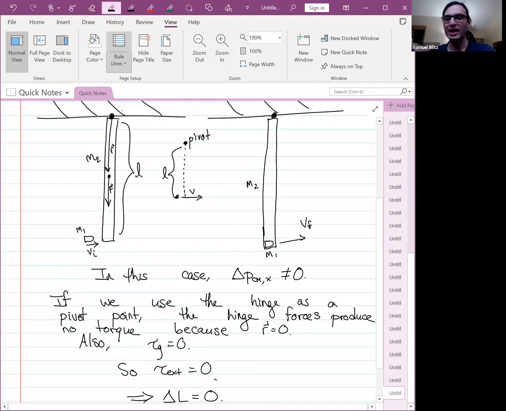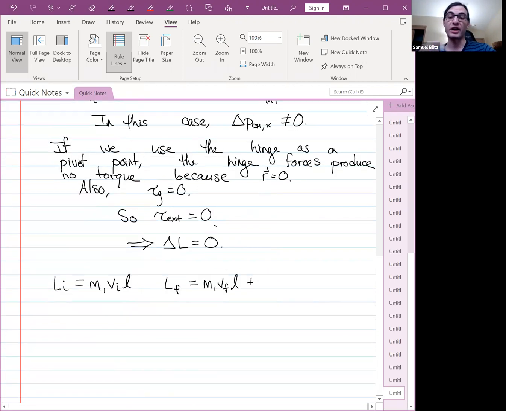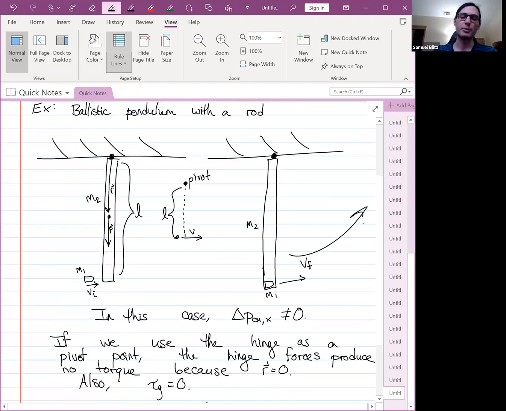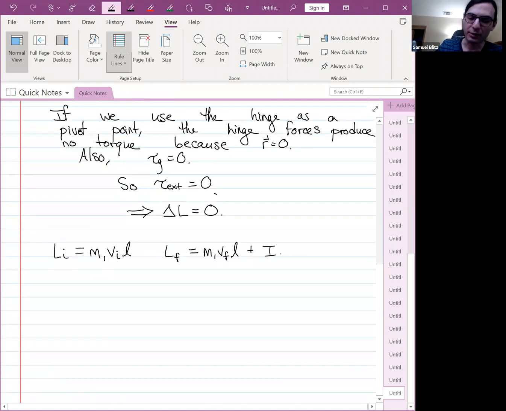Well, we know that for any rod, this is not necessarily a uniform rod, the angular momentum of a rigid body that's rotating, because the rod is going to swing up, it's going to rotate about that axis, is just I times omega. Now the I is the moment of inertia about the hinge, and omega is the angular speed.